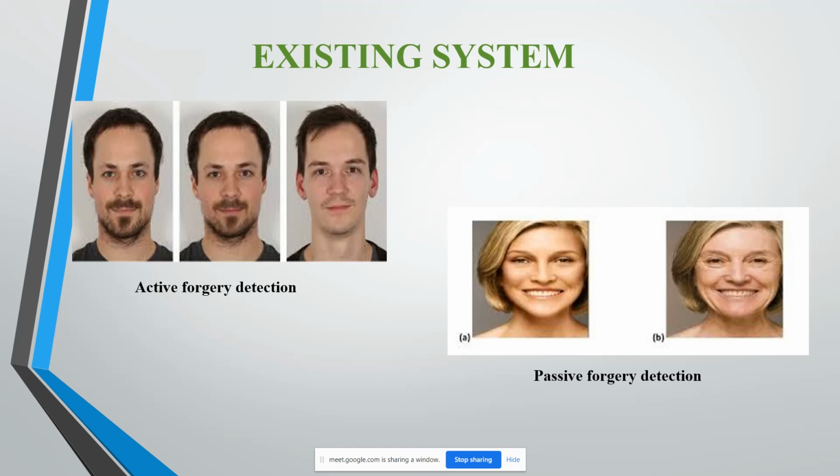Next, coming to passive forgery detection, this technique relies on image processing technology to detect the forgery. No matter how a digital photo has been changed, it leaves footprints, for example, altering the statistical properties in the numerical pattern that underlies the photo.